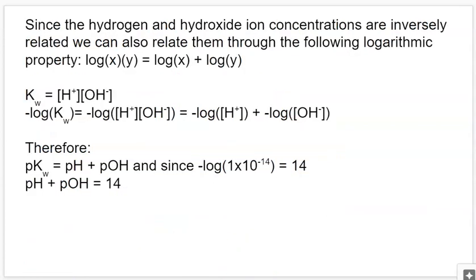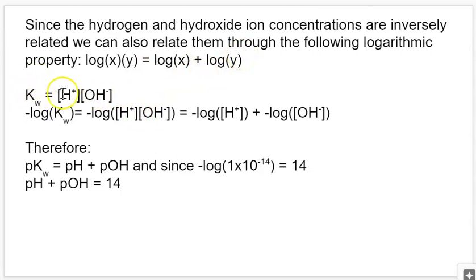So since the hydrogen and hydroxide ion concentrations are inversely related, we can also relate them through the following logarithmic property. You don't need to know where this comes from, but the log of x times y is equal to the log of x plus the log of y.